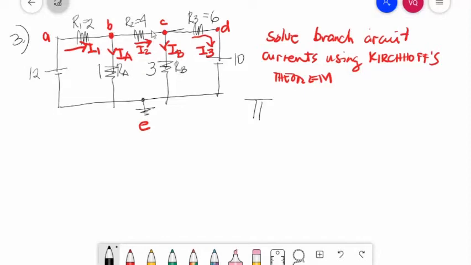Okay, we will apply KCL and KVL to this circuit. We have junctions or nodes here: node B, node C, and node E. I labeled them with a single letter because if you label them E, F, G, H, there would be too many. Since there are no resistances in these conductors, you have to minimize your equations.